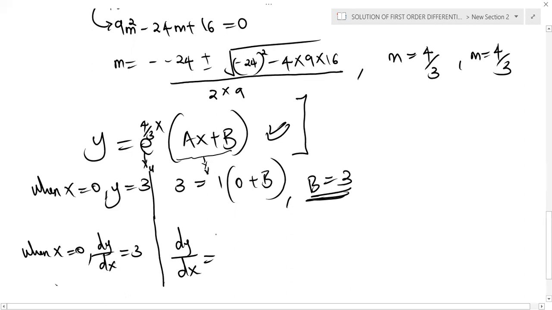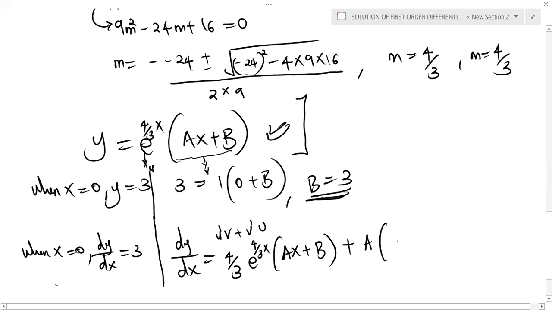Then the product rule formula is u prime v plus v prime u. So differentiating u, we have 4 over 3 exponential 4 over 3x multiplied with v, which is (ax plus b), plus v prime. Differentiating this with respect to x will give us a into u, which is exponential 4 over 3x.